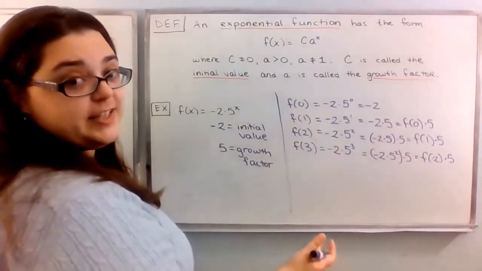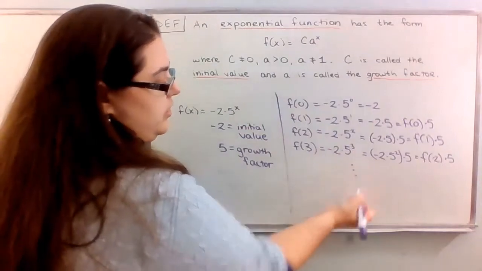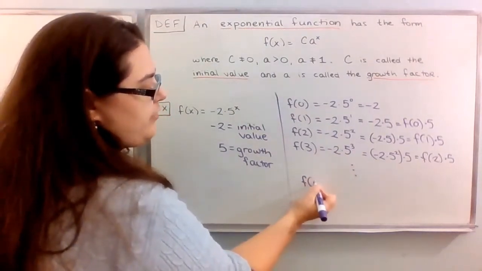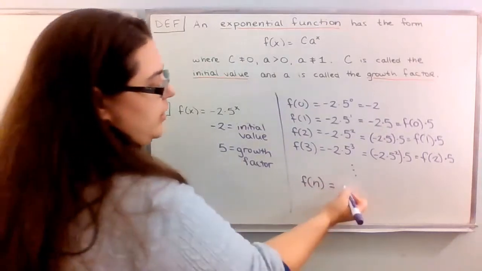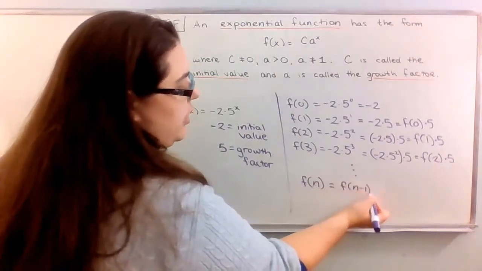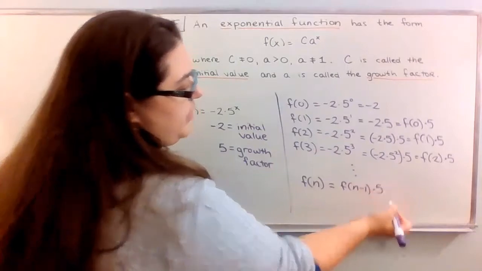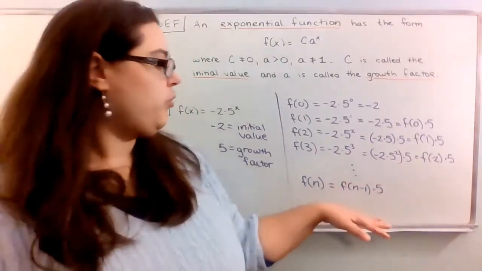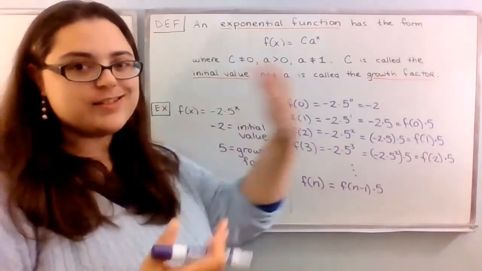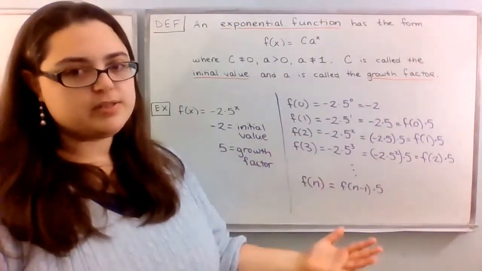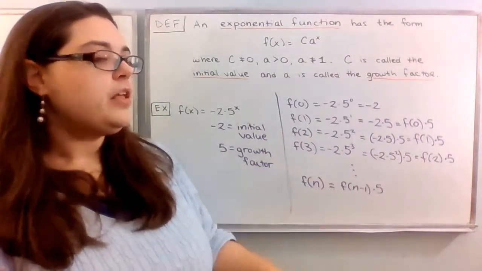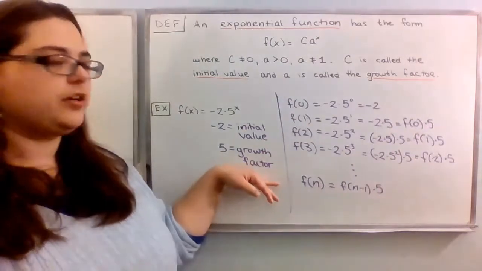If we continue this in general, if I wanted to find f of n, I could just take f of n minus 1 and multiply it by 5. In order to get the next y value, if I increase my x by 1, I'm going to multiply by 5. This is where the term growth factor comes from.